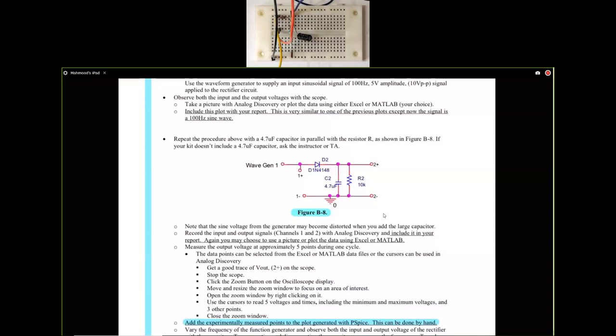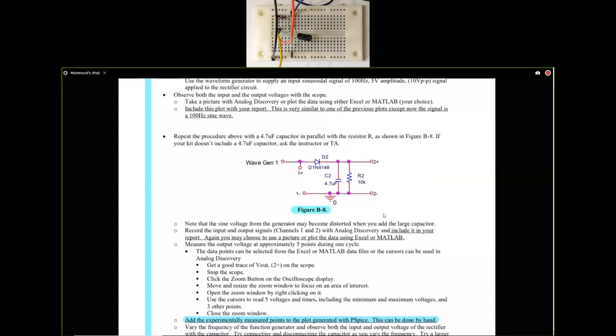Let's see, what do I do now? Figure B-8 is done. So I can vary the frequency. I'm going to be doing the last part here.